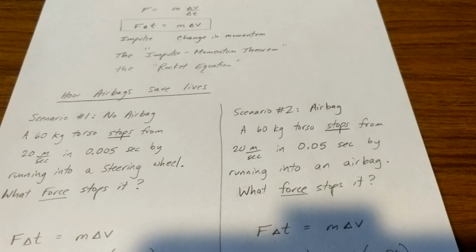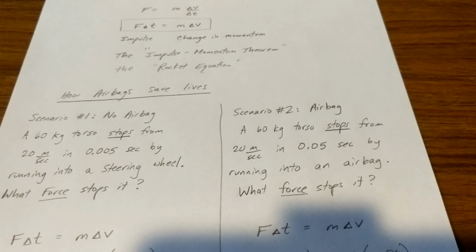And they do that by increasing the stopping distance. Typically, an airbag might be a half a meter thick, and as it inflates and stops you, you're stopped over a distance of a half a meter instead of perhaps over half a centimeter by being pressed into the steering wheel or the dashboard, for example.